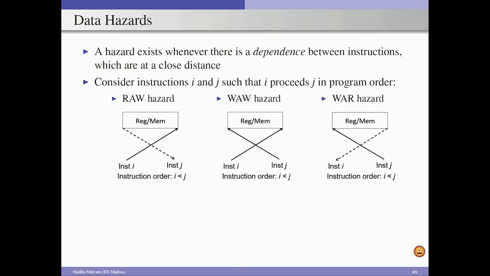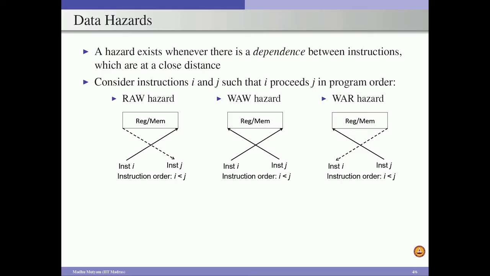So, according to the program, instruction I should read the old value, and after that instruction j should write a new value to the memory location or a register. But if you are executing instruction j before instruction I, effectively this is going to create a write after read hazard.